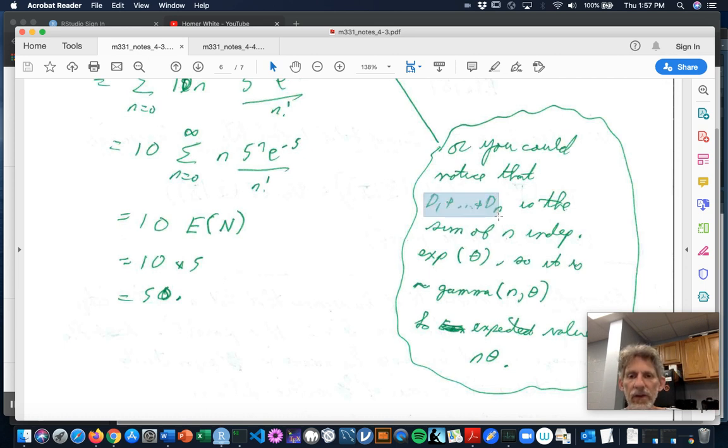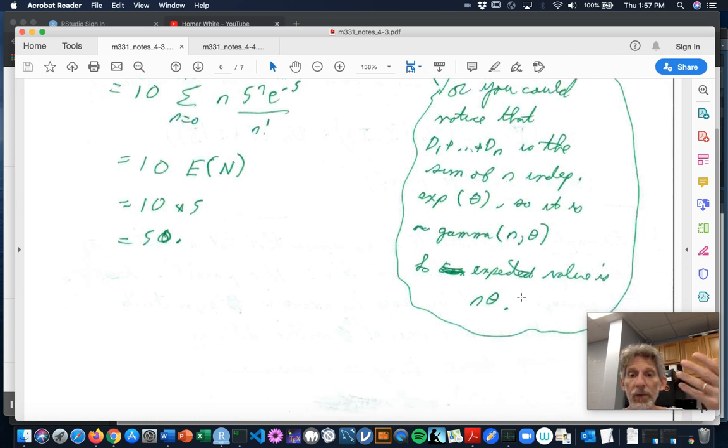This sum would be the time to wait for n events, and we know that has to be gamma. Then the formula for the expected value of a gamma is the alpha parameter times the theta parameter, n times theta.